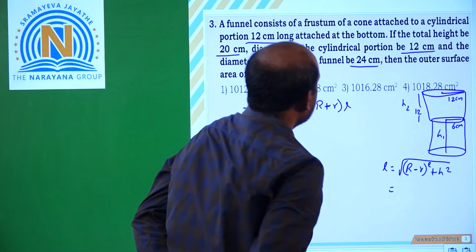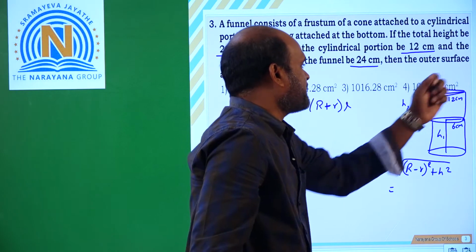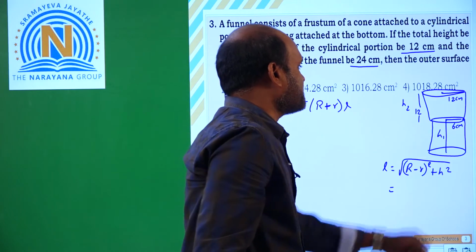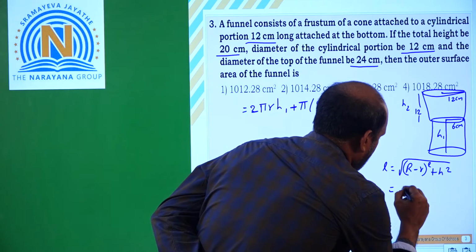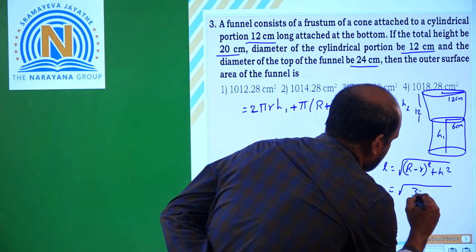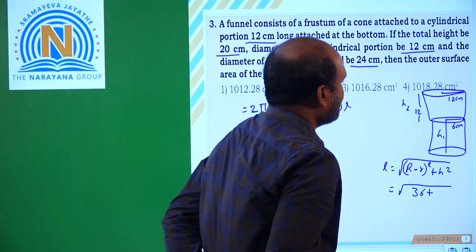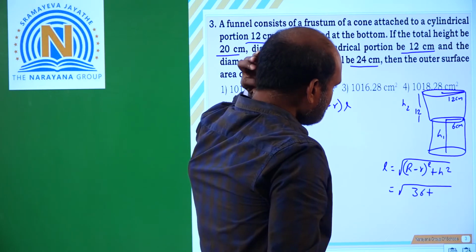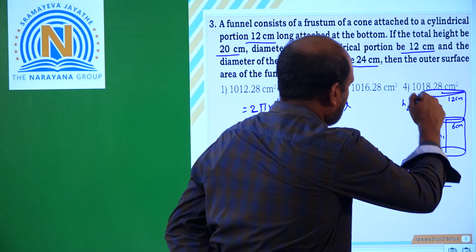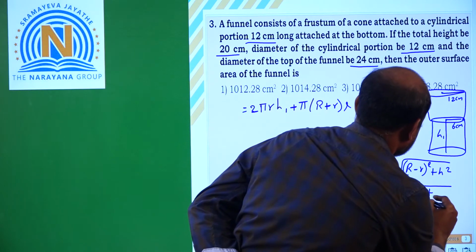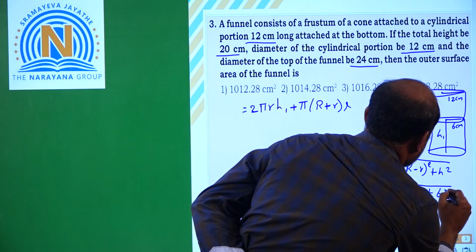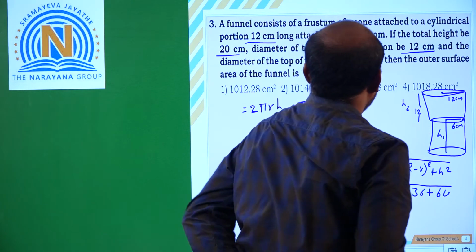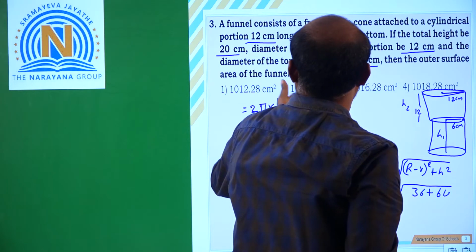What is R? Capital R is nothing but 12, small r is nothing but 6. That is 12 minus 6 whole square, that is 6 square, 36, plus the height. What is the height of this one? The height of this funnel is given as how much?